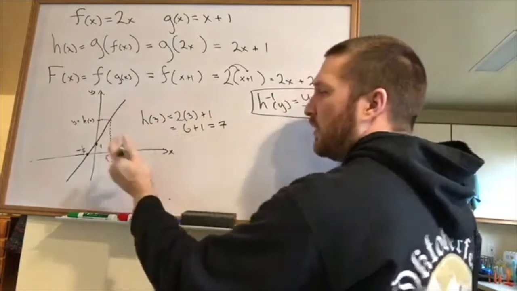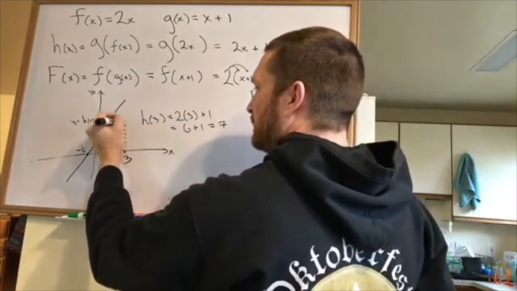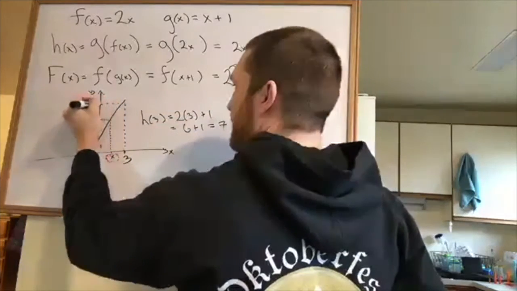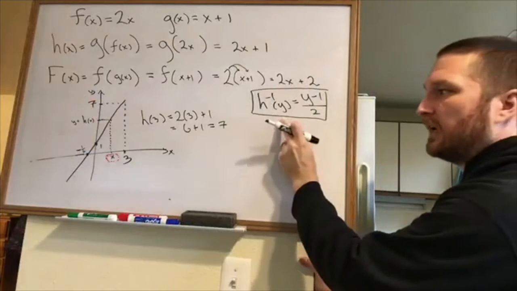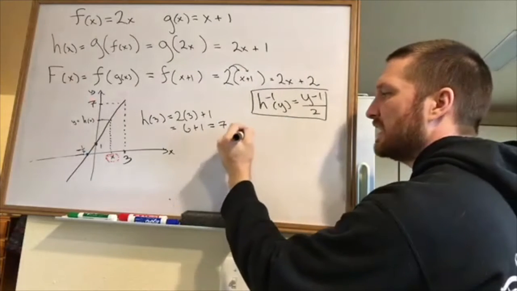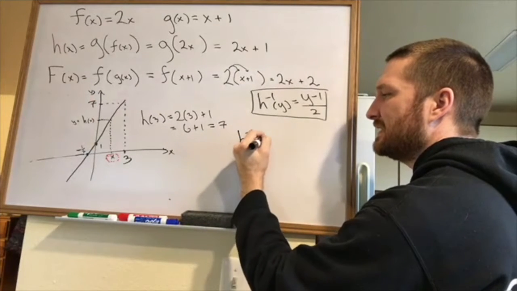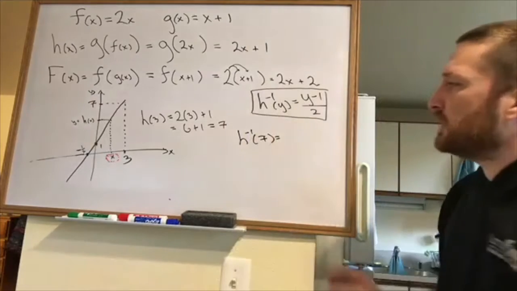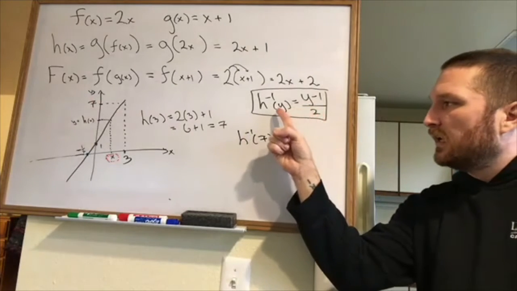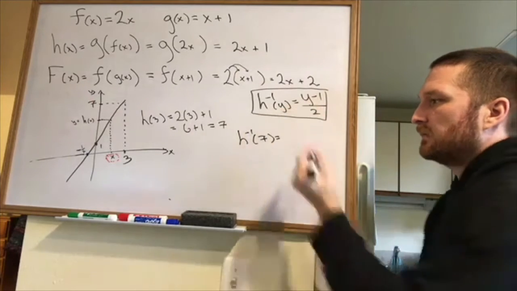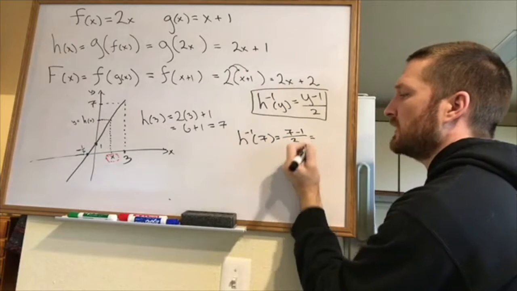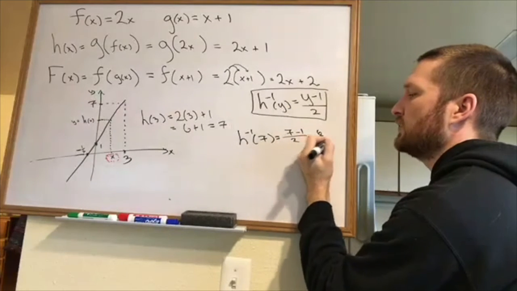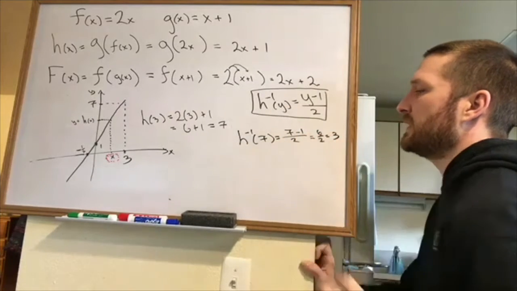So when 3 is the input, the output is 7. Now let's just check our formula here. This says h inverse of 7 should be, I'm going to replace the y with a 7 right here, 7 minus 1 over 2. 7 minus 1 is 6, over 2 is indeed 3.